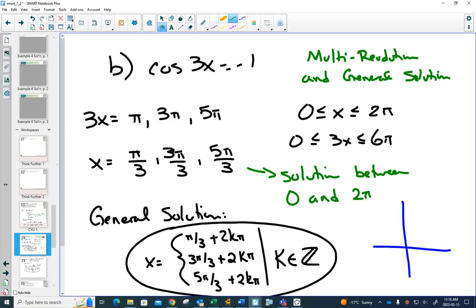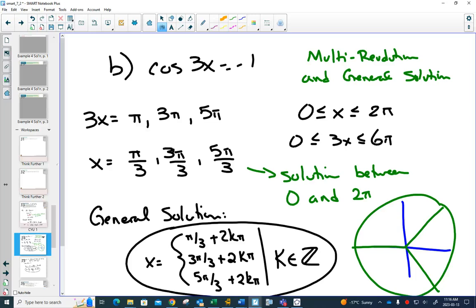Can you see that we had pi over 3, pi, and 5 pi over 3, which would cut everything into those three things, like a chocolate pie where every piece would be the same size. 3 big pieces.